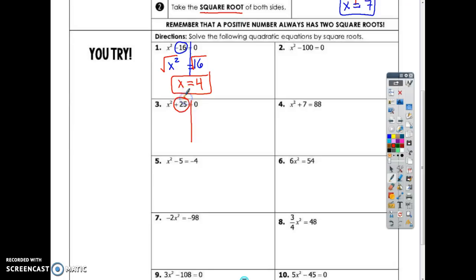Move this over, change the sign. So now it's a negative 25. Bring the x squared down. We're going to take the square root of both sides.